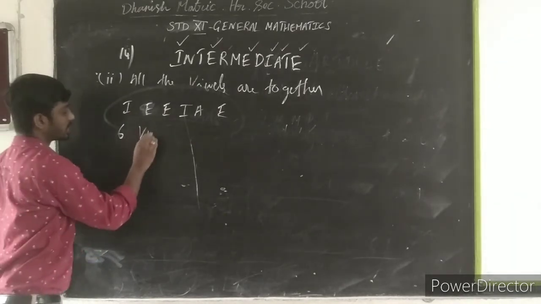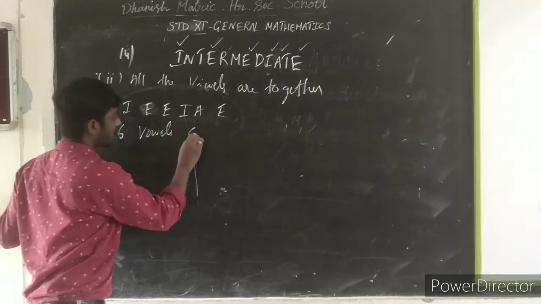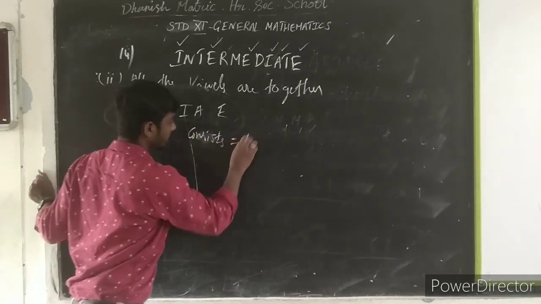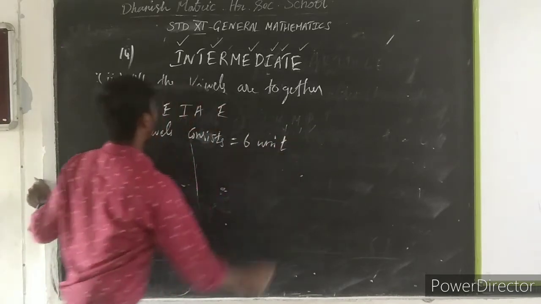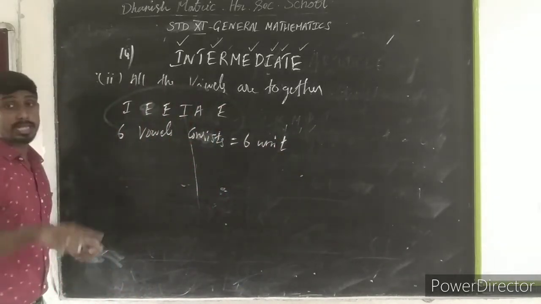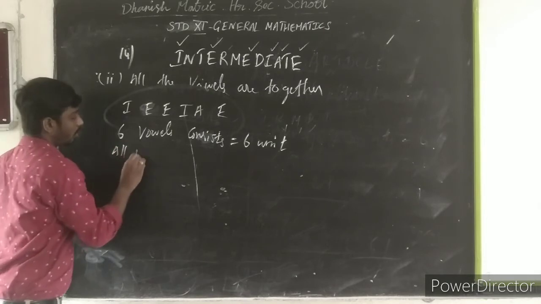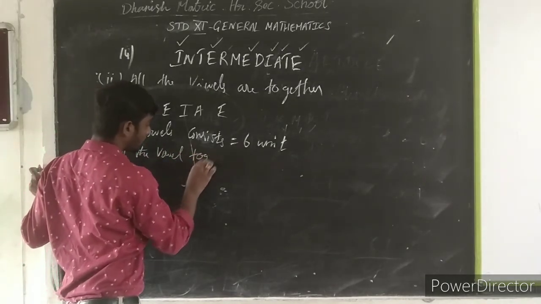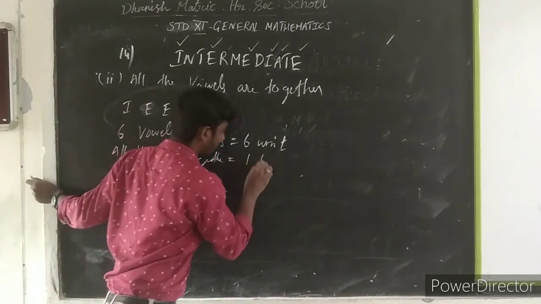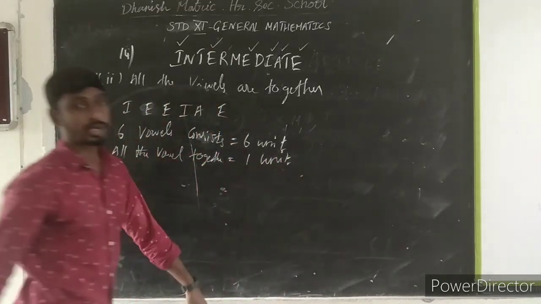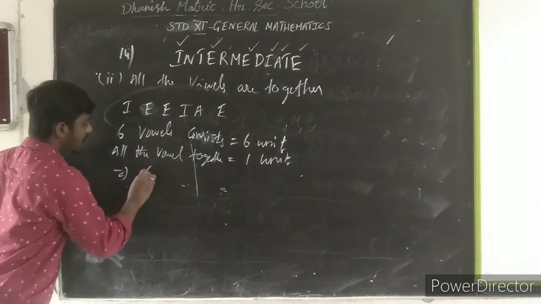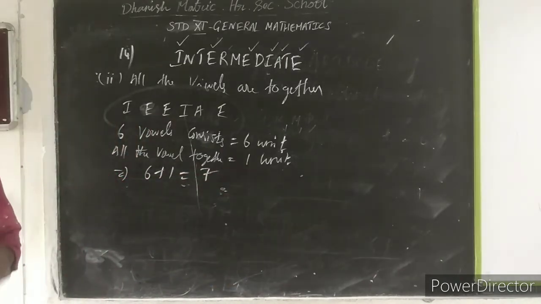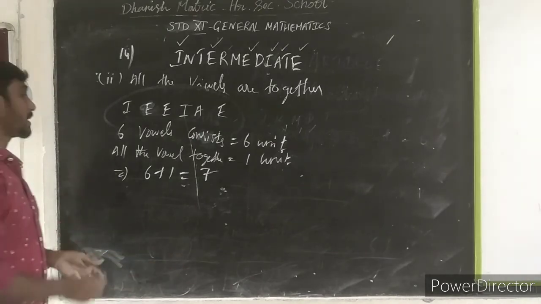So total number of 6 vowels consists 6 units, and all the vowels together consists 1 unit. So totally 6 plus 1, that will be 7. That will be arranged in the 7 places.